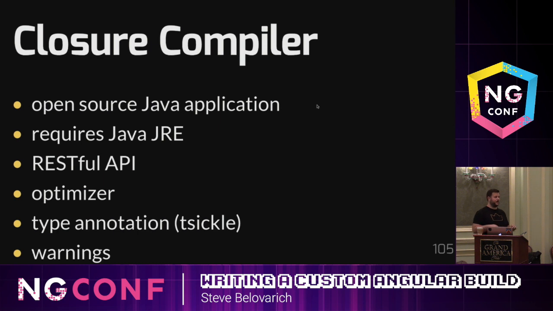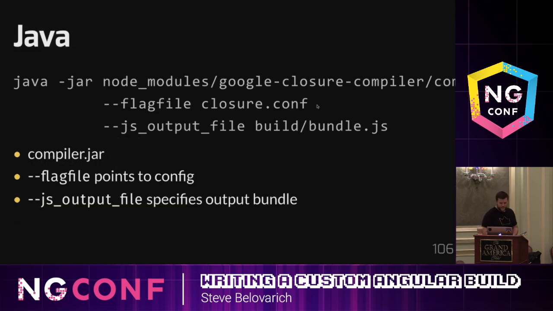It does this when we run ngc with some compiler options. Closure compiler is really awesome at providing warnings. It can warn us of security holes in our application, warn us of duplicate code, all sorts of things.